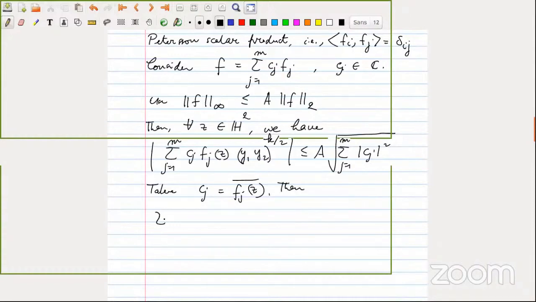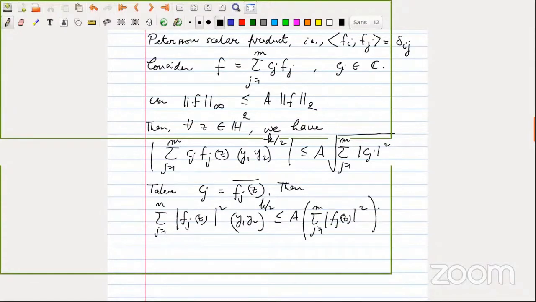Then I'll have the summation j equals 1 to m of the norm of this f_j(z), and we are done. So this implies that this sum is less than or equal to the norm of a squared.